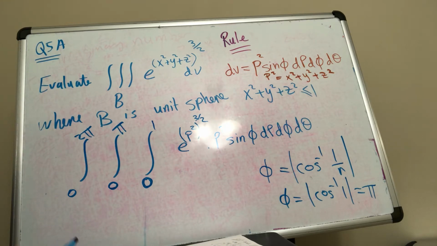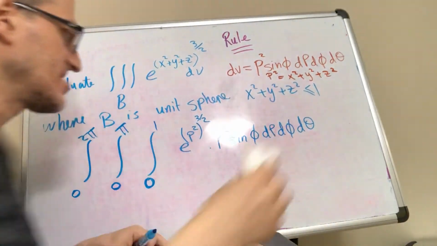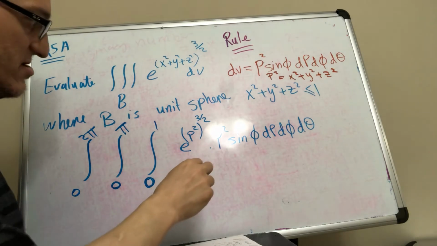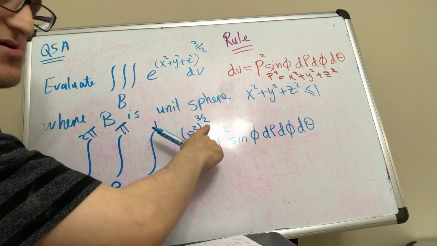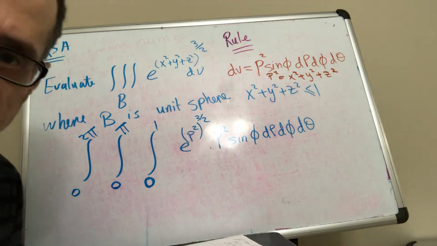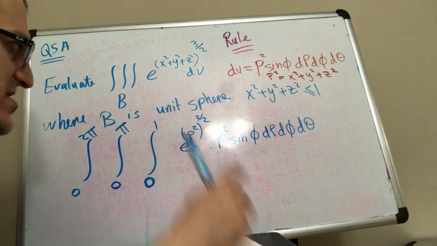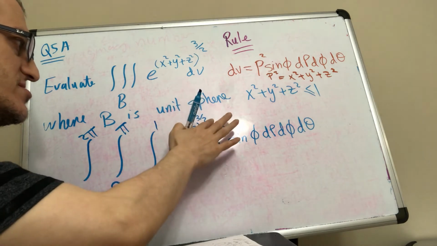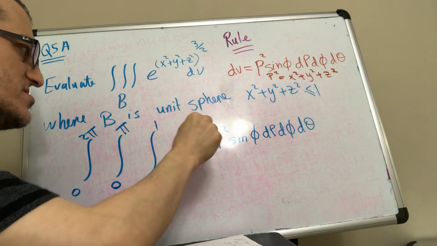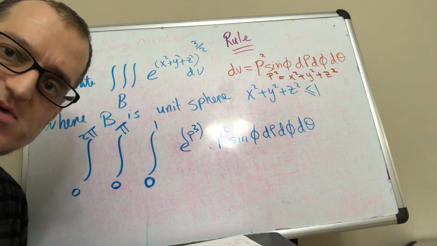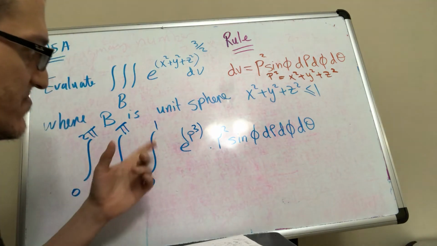So now we try and integrate this. You'll notice that when you have something squared and raised to another exponent, when you raise to multiple exponents, you multiply the exponents. It would be 3 over 2 times 2. Eventually, that becomes p cubed. So we're going to have this to integrate.